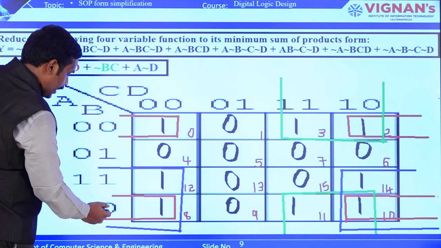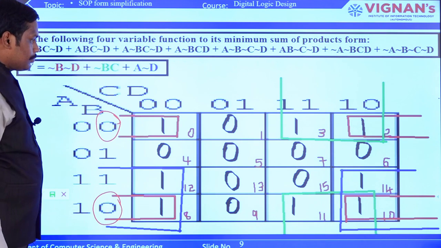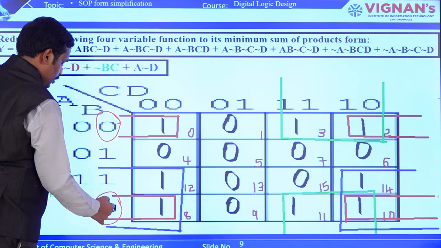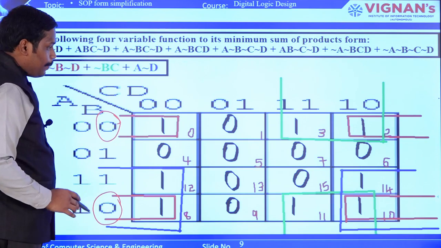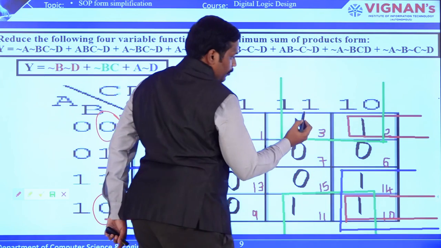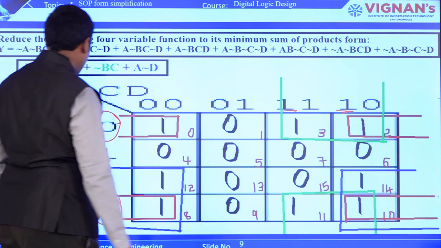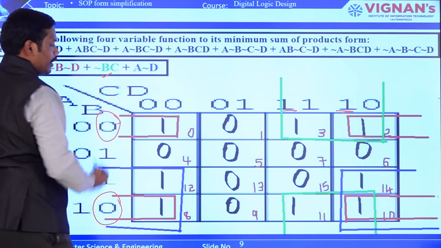The commonality is here, B bar is common. For green, this particular row and this particular row you are going to check, and B bar is common, and when you compare these two columns, then this one is common, that is C. So that is the reason why it is B bar C. This is the second term.